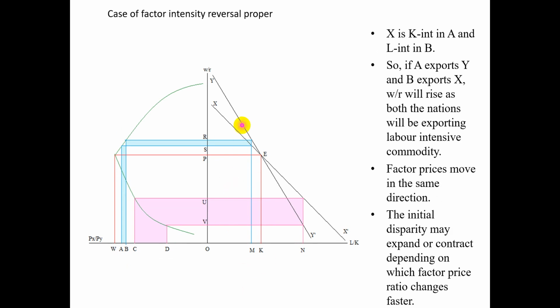X is capital intensive in A and labor intensive in B. So if A exports Y and B exports X, W by R will rise as both the nations will be exporting the labor intensive commodity. So the factor prices will be moving in the same direction. So the initial disparity may expand or contract depending on which factor ratio changes faster.